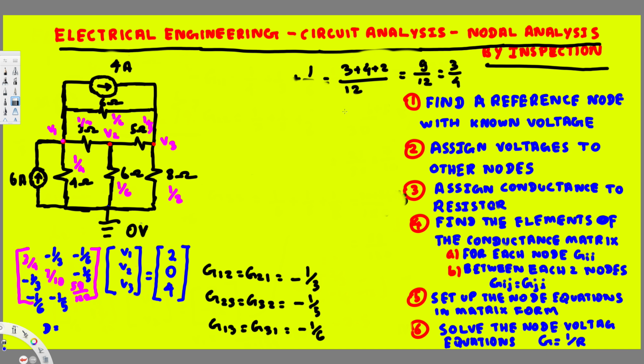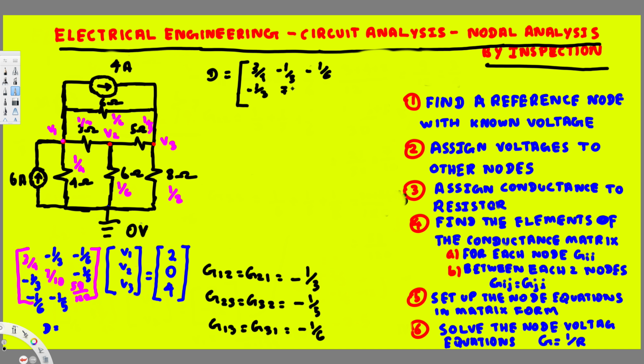The first matrix is the original determinant: 3 over 4, minus 1 over 3, minus 1 over 6, then minus 1 over 3, 7 over 10, minus 1 over 5, and then minus 1 over 6, minus 1 over 5, 59 over 120.